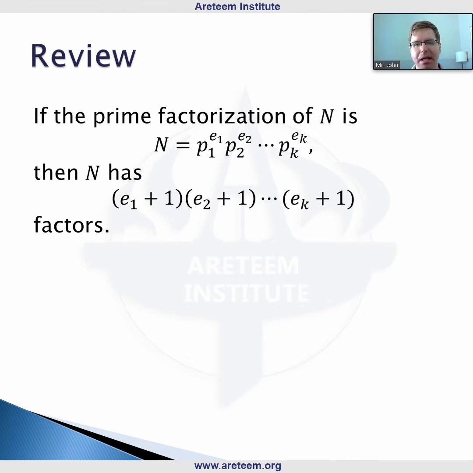You add 1 to each of the exponents in that prime factorization and multiply them out, and that gives you the number of factors in total. So you can turn that prime factorization into the number of factors of the number. You could define a function that way if you wanted to as well.